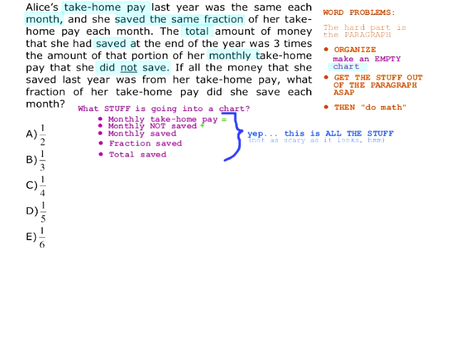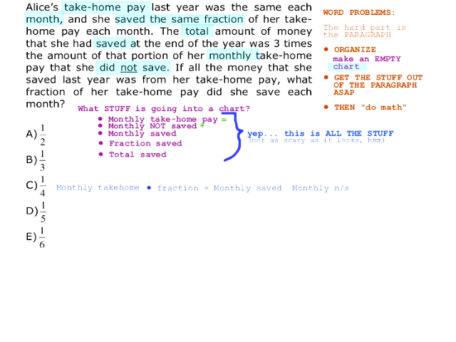I mean, I would just write those three things. So, saved plus not saved. Okay, so you have monthly take home. You have a fraction. Monthly saved, and then you have monthly not saved, and then you have total saved for the year too.